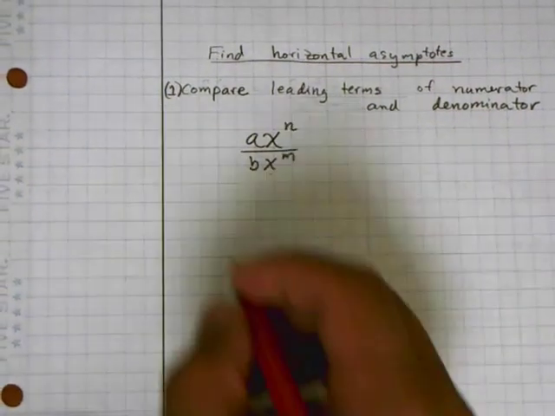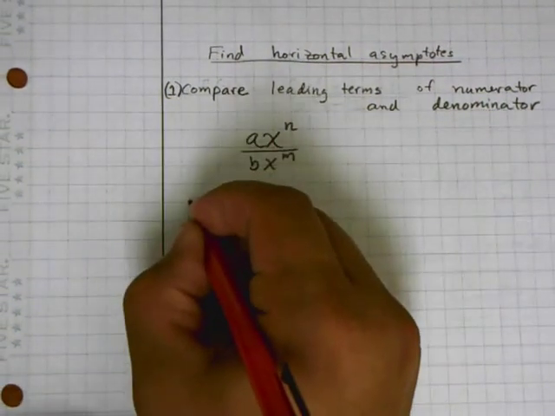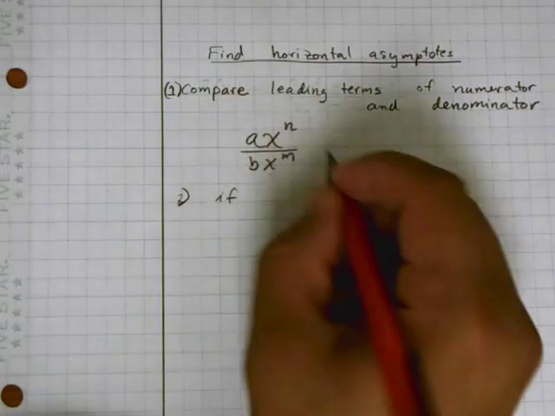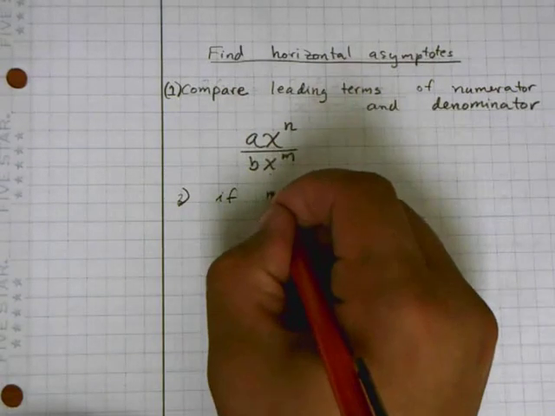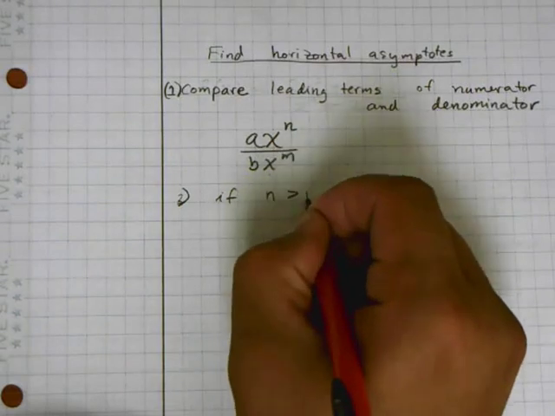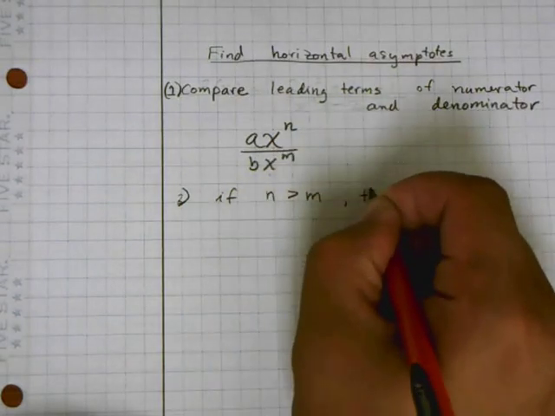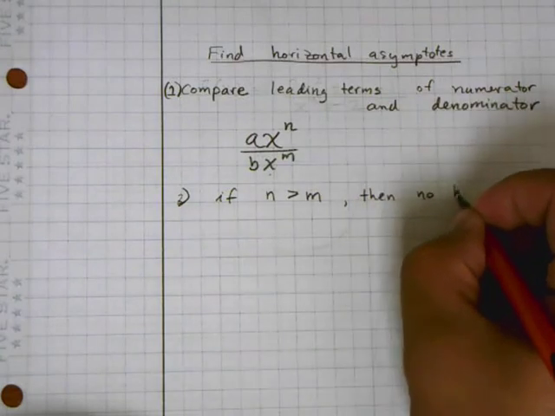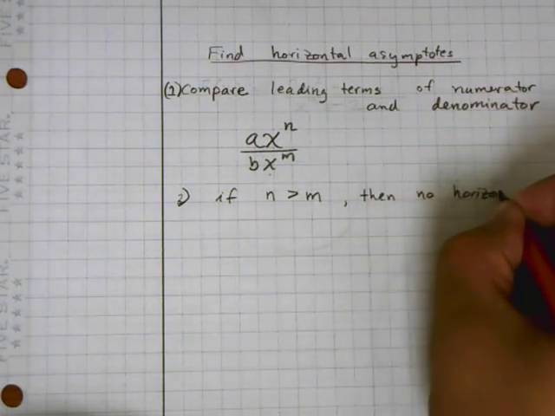So we'll look at the leading terms, and we compare their exponents. If the exponent on the numerator is greater than the exponent on the denominator, then there's no horizontal asymptote.